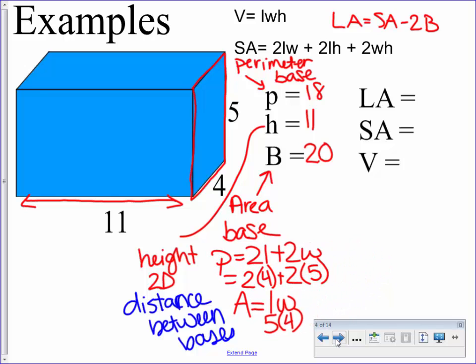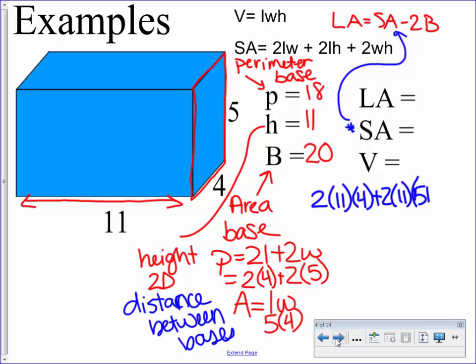We'll skip LA because we actually have to find your SA first to plug into our LA. So our surface area is the big long 2 times 11 times 4 plus 2 times 11 times 5 plus 2 times 4 times 5.